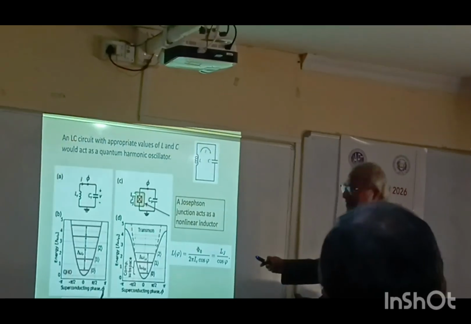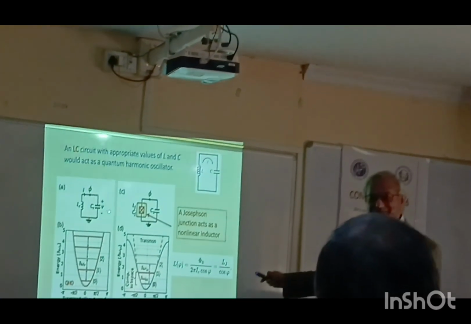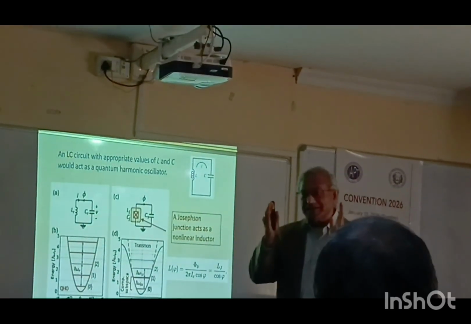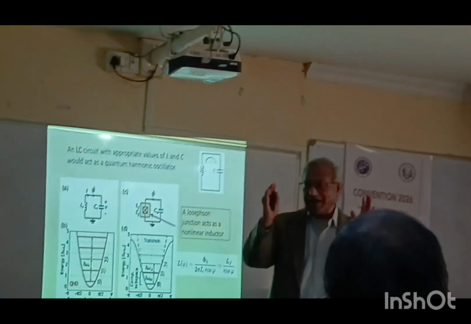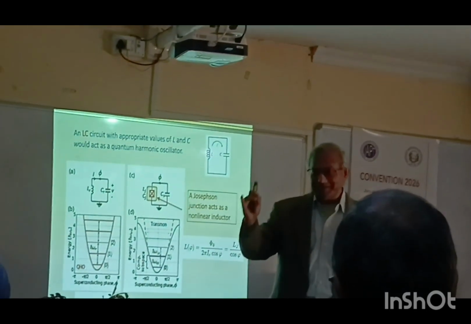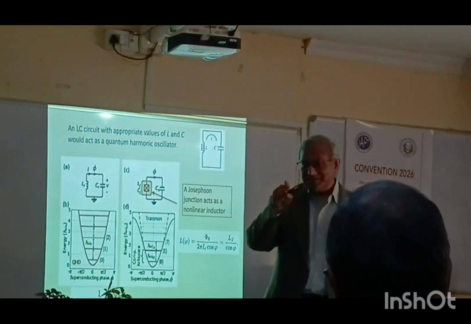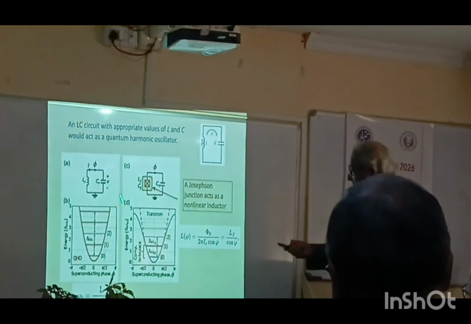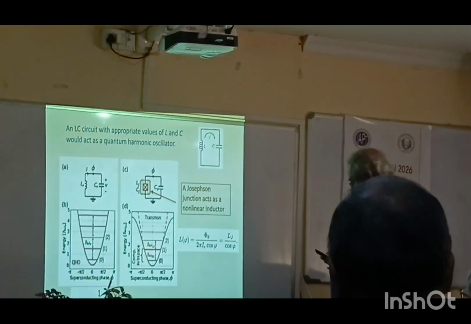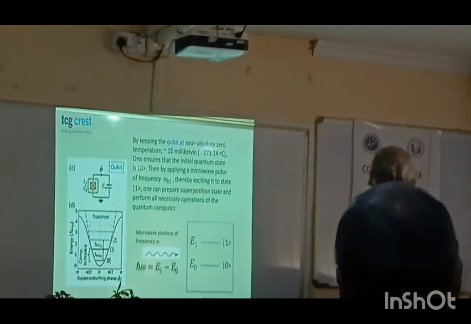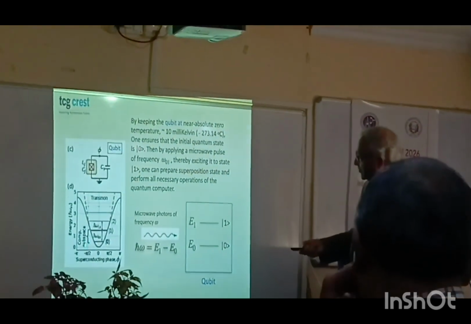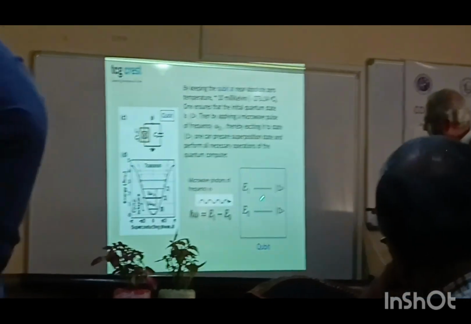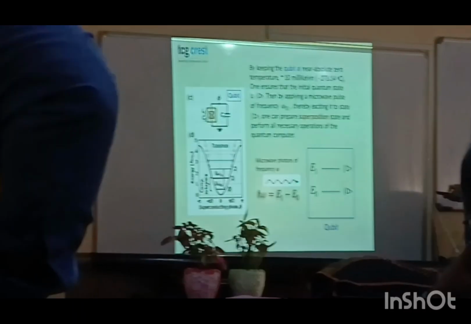And that is provided by this new L, the Josephson junction, which I have just shown. As I showed, the expression V equals L times di/dt, where L was a function of phi. So that means this is not linear, it's non-linear. And that's what gives you this anharmonic potential. And that is what is important for developing a superconducting quantum computer. So you have this case and you interact with a microwave photon whose energy is equivalent to the energy difference between these two levels.